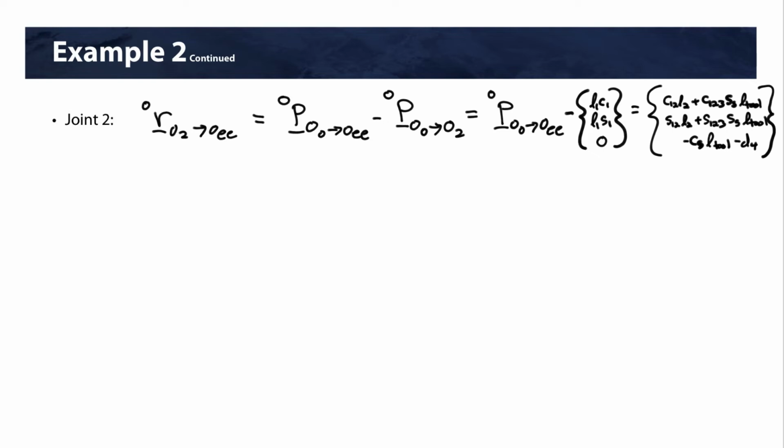Okay, we now need to do our cross product. So we need to do Z2 cross our R vector. Z2 we're going to get from T02. So go to T02.